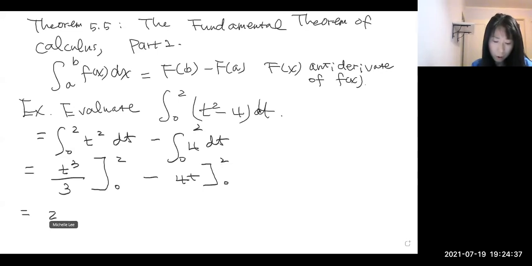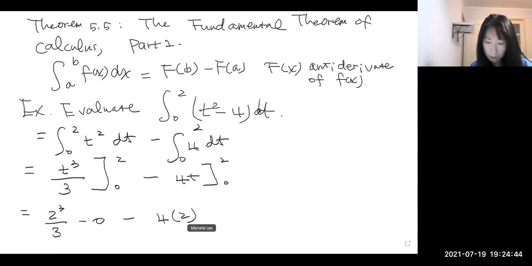And this will be 2 cubed over 3 minus 4 times 2, and 0 minus 0, right?